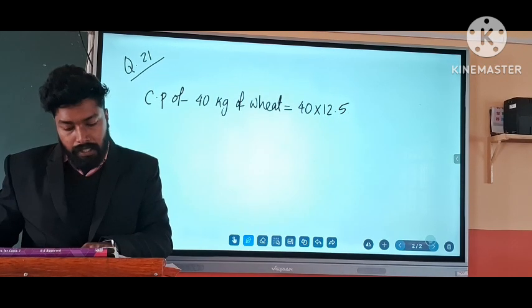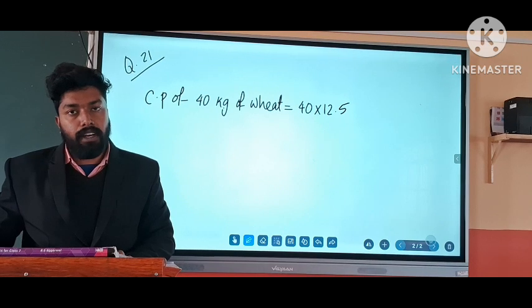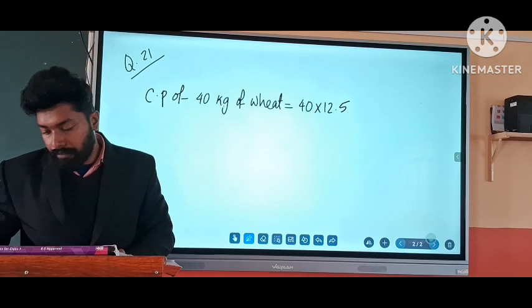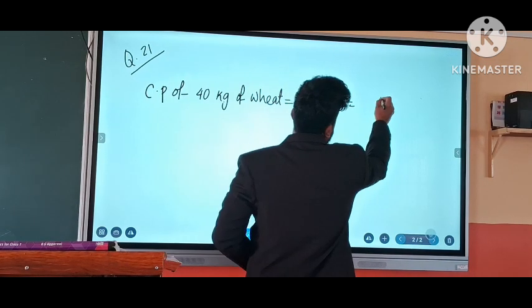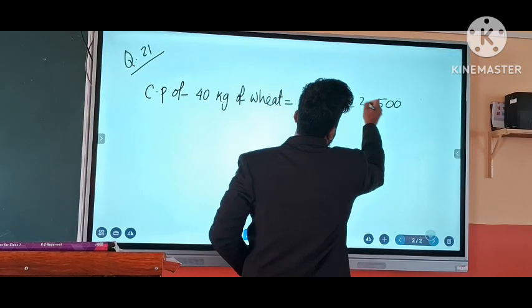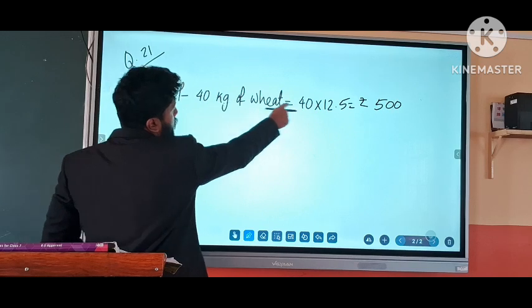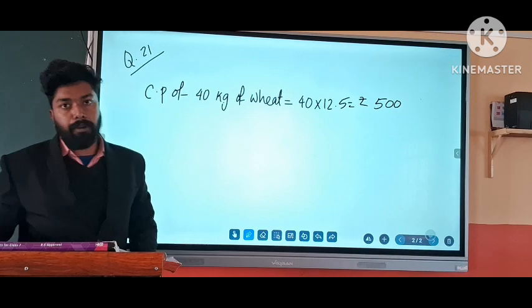When we multiply, we get 500. So the cost price of 40 kilograms of wheat is equal to rupees 500.